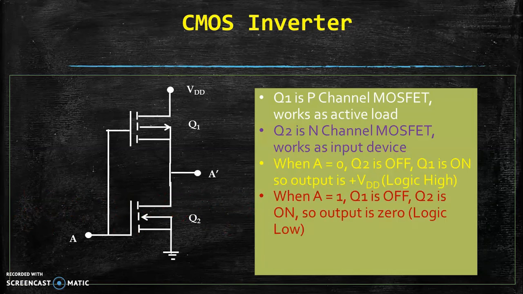When A is equal to 1, Q1 is off and Q2 is on. So the output is 0, that is logic low. Therefore we can say that in both conditions, the output is the inversion of the input, and that is why this circuit works as an inverter.